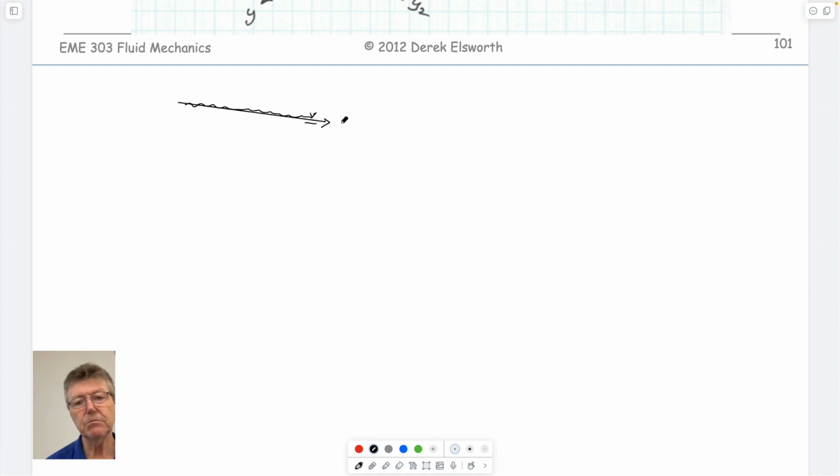And this curve will be, say, in the x direction. And this curve is inclined below the surface of the water in the y direction. And on that we have some kind of plate that I'll draw like this.